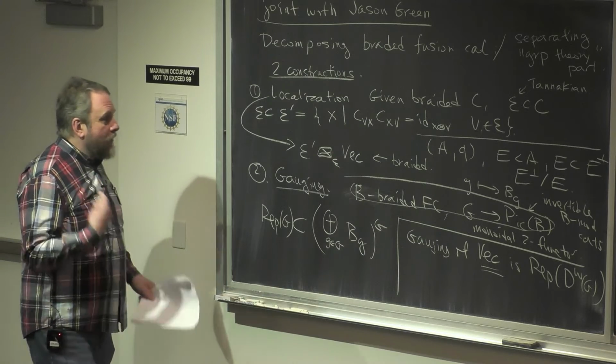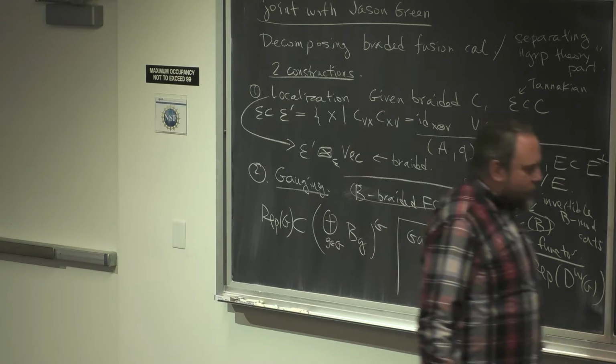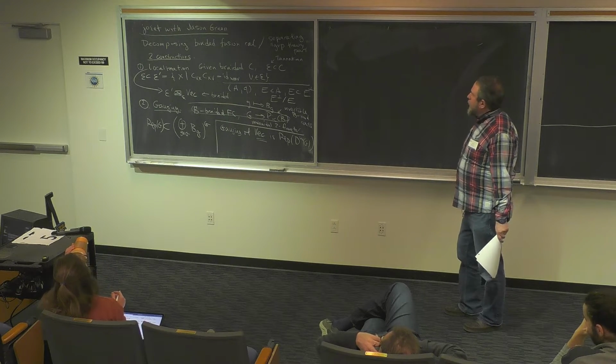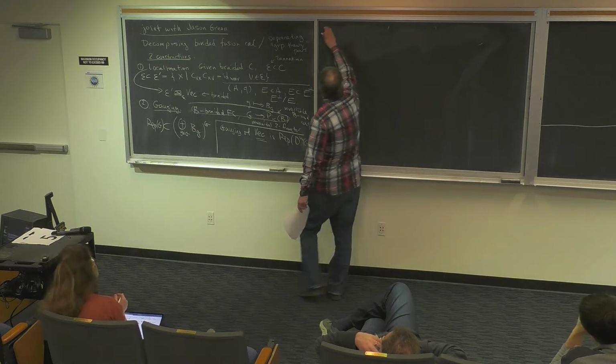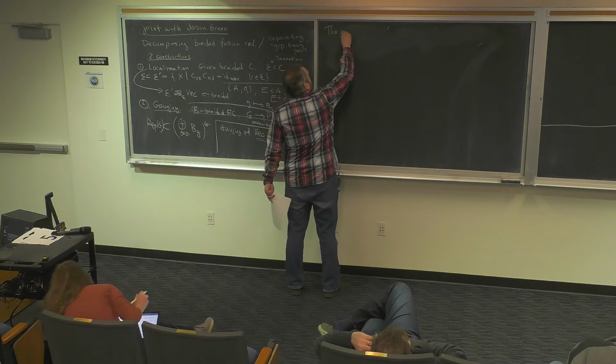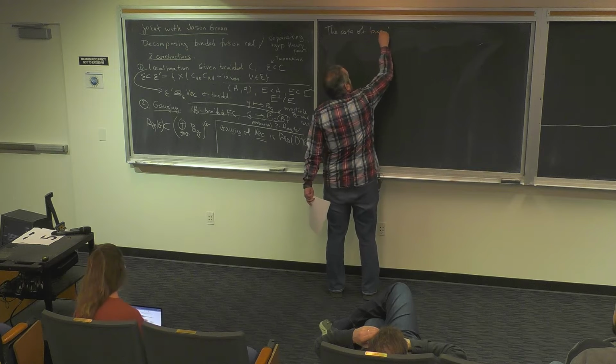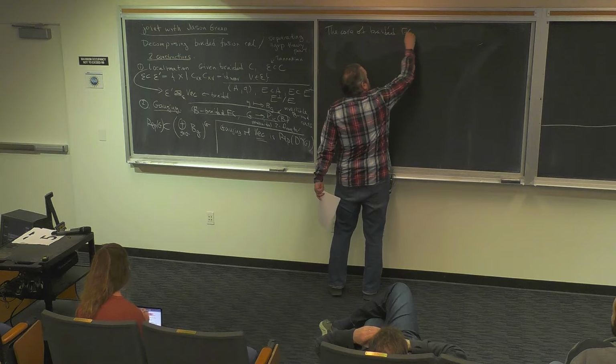Okay, so now one can use these two procedures to construct certain invariants of a braided fusion category, and one of them is the core of a braided fusion category.